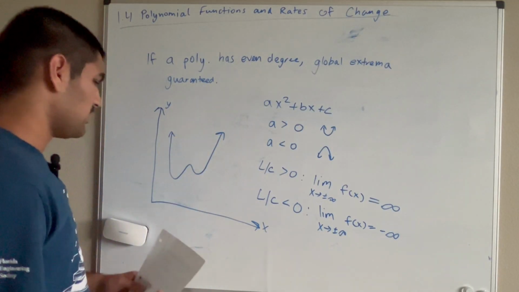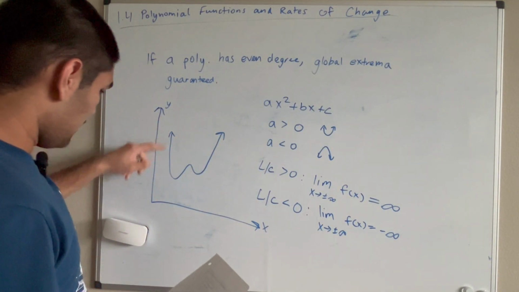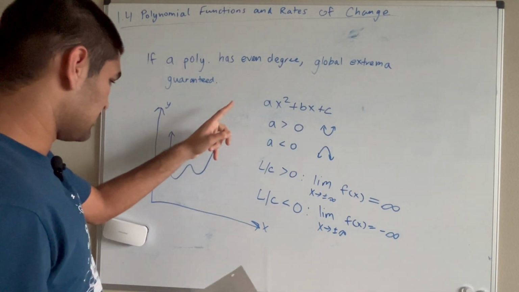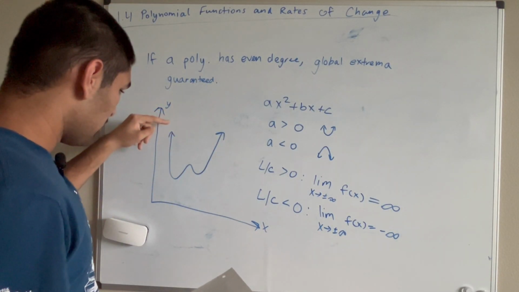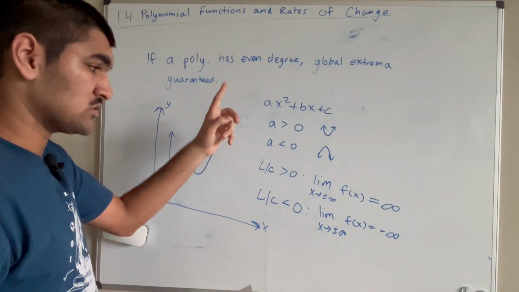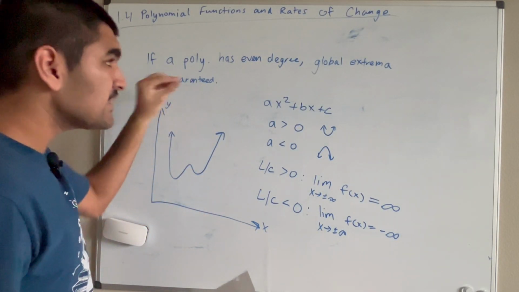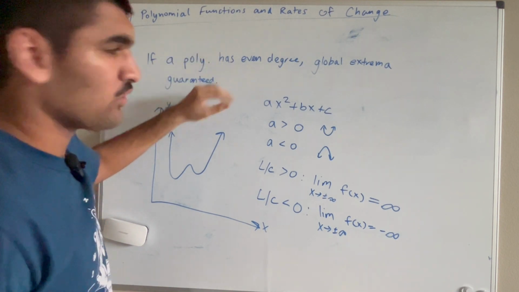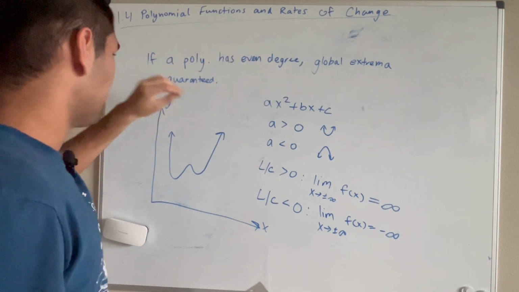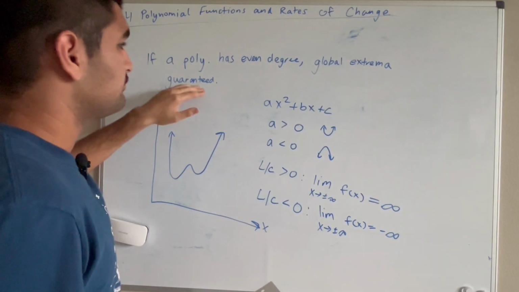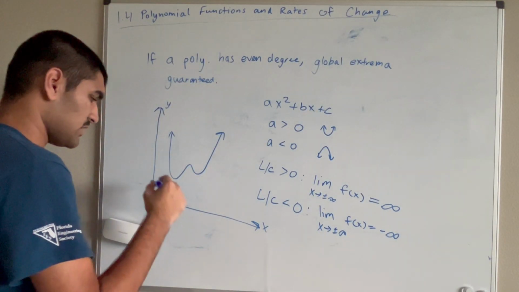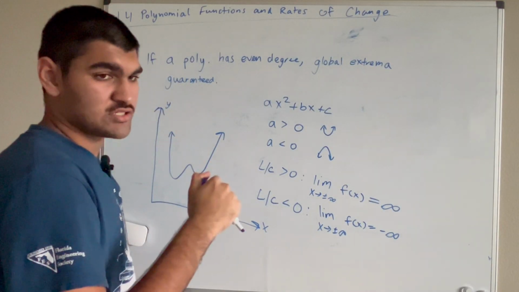So notice how it went from decreasing to increasing to decreasing to increasing. So if it starts off decreasing, it has to go to increasing. And so that guarantees global extrema, or at least local extrema. We'll get to the global extrema part later on, but that guarantees local extrema, because you have to go from increasing to decreasing or decreasing to increasing.